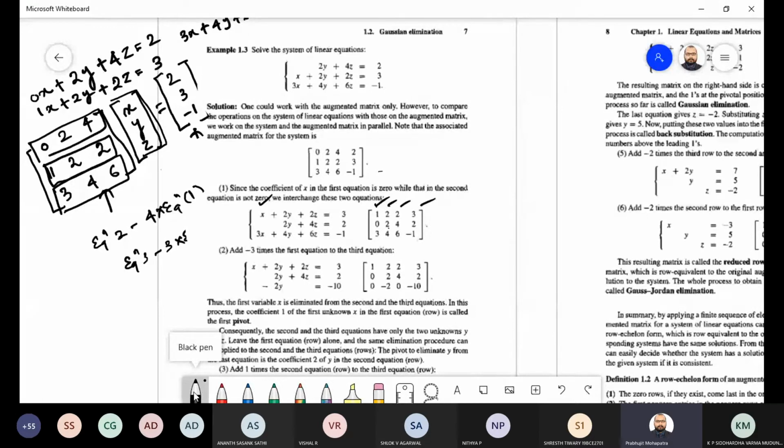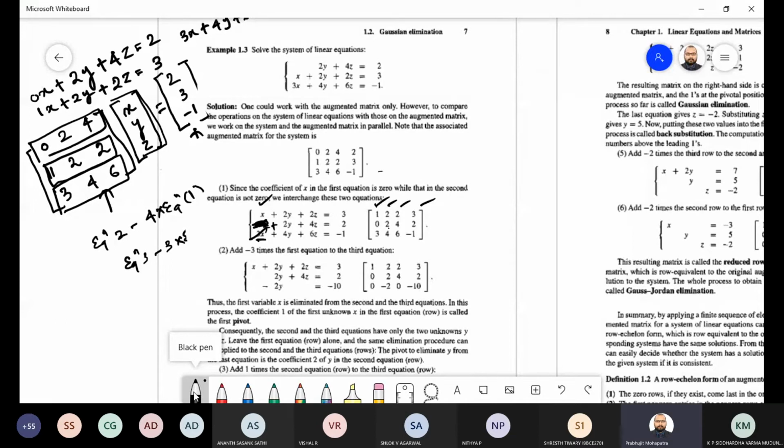Second row will be 0, 2, 4, 2. 0 means nothing is there, 0 into x. Now what is our target? Our target is to remove this x. 0x means nothing is there. So we have to delete this 3x. How will we remove this 3x? Equation 3 minus 3 times equation 1.